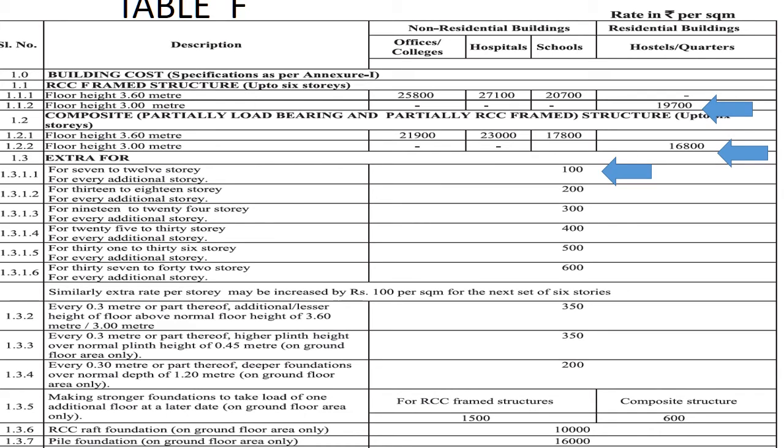This has been changed, and now up to 6 stories it is 19,700. Then 7 to 12 it is 100, then 13 to 18 200, then 19 to 24 300.